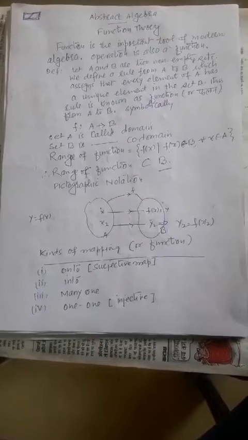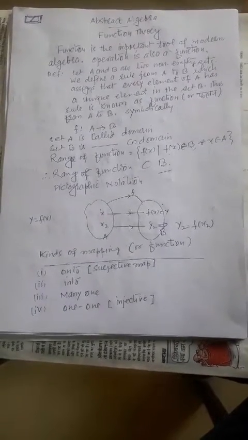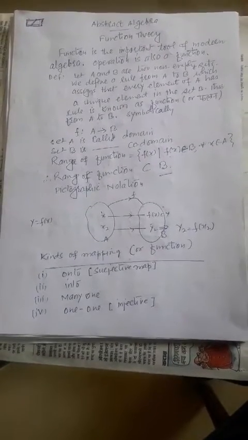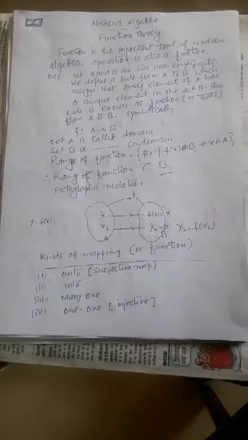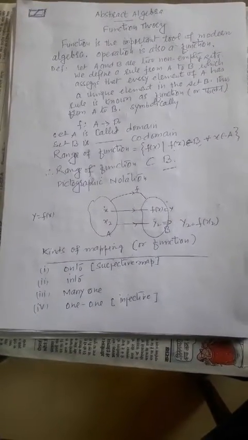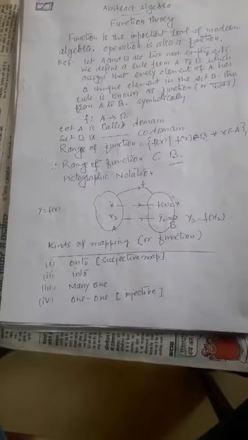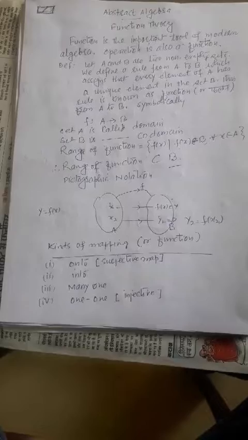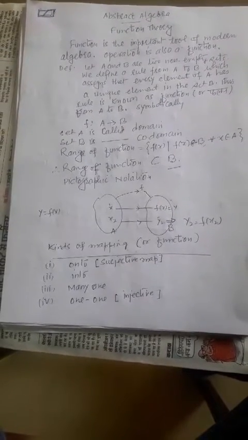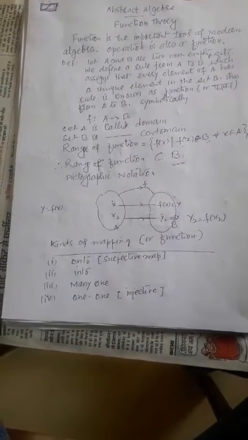Then f is a function from set A to B. The image of x1 under f can be written f(x1), and the image of x2 under the function is equal to f(x2). So this is the pictographic notation of the function. x1 and x2 are domain elements, and f(x1) and f(x2) are the codomain elements.